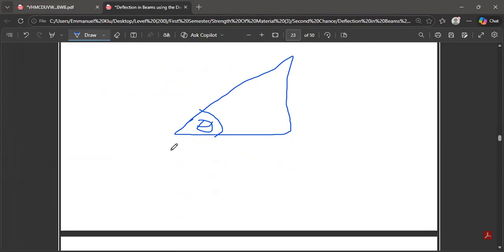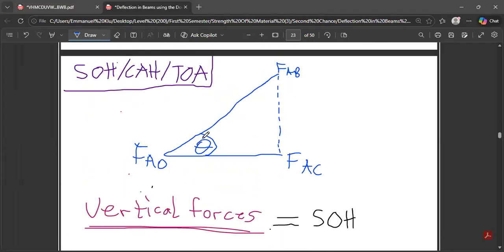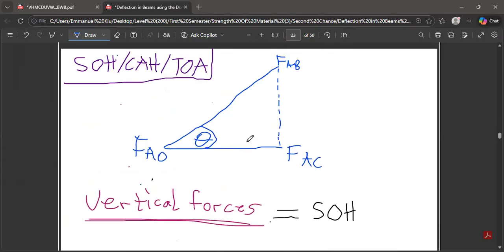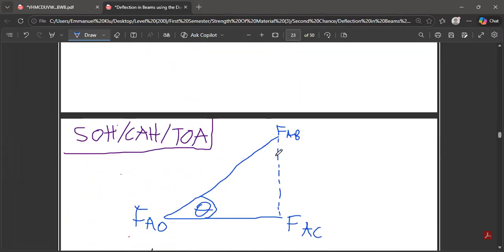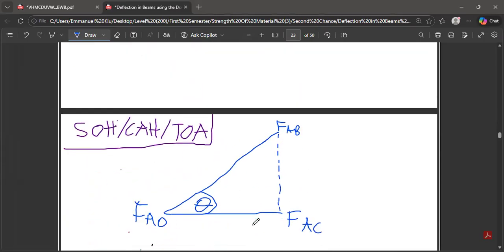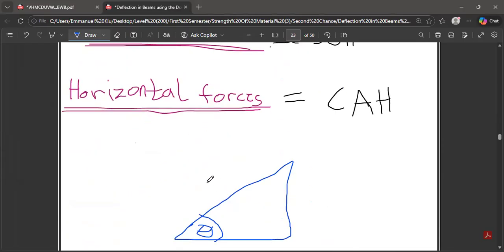So from here we are going to say that our hypotenuse, we can write here FAB. See, this is the distance from A to B initially, as you know.